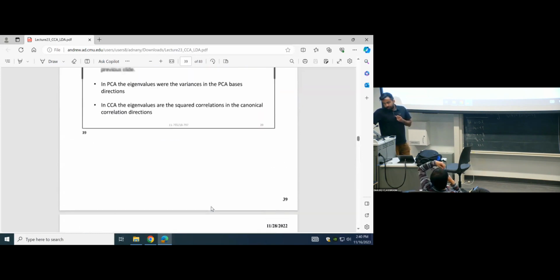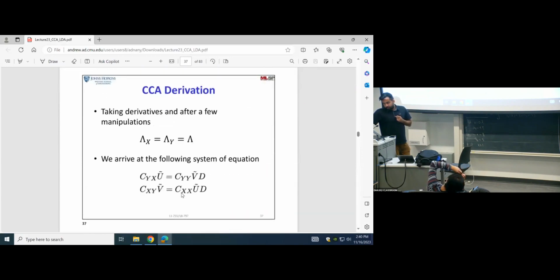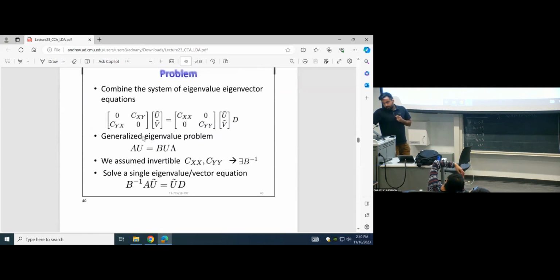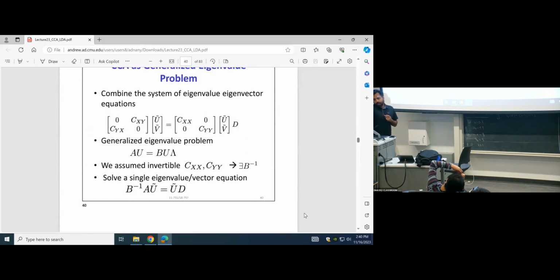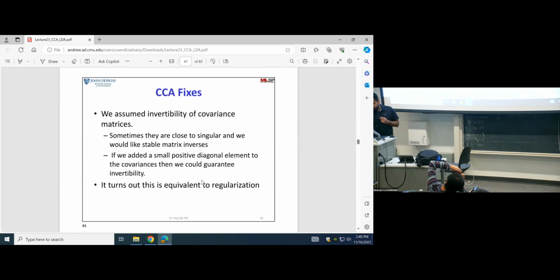If you combine these two equations, you will get this. And then you have an eigenvalue problem, and we already know how to solve eigenvalue problems. Basically that. There are some fixes we have to do.